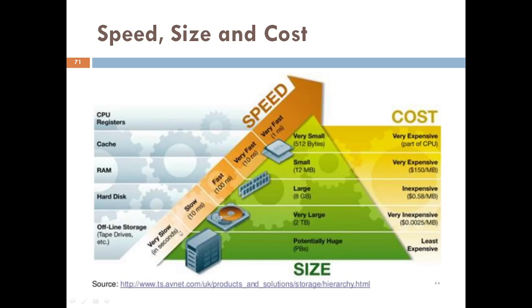The memory access time is in terms of milliseconds and seconds, so the access speed is very low here. That's why it is very fast in CPU registers and cache memory.